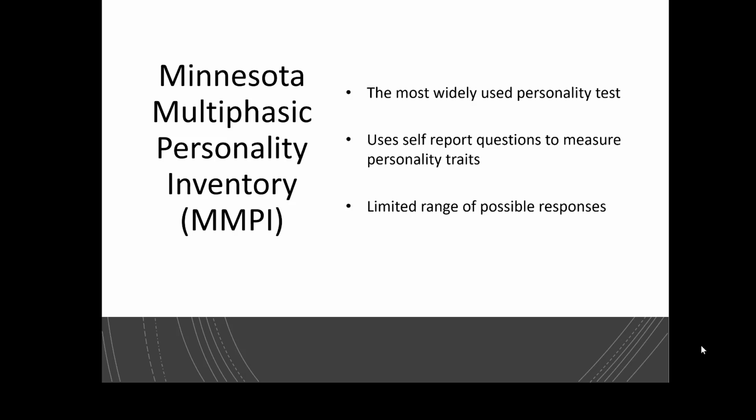It uses self-report questions to measure personality traits such as anxiety, depression, emotionality, hypomania, masculinity or femininity, or introversion. These results are compared to a normative sample to reveal the client's standing. It is considered an objective personality test because the range of possible responses is limited.